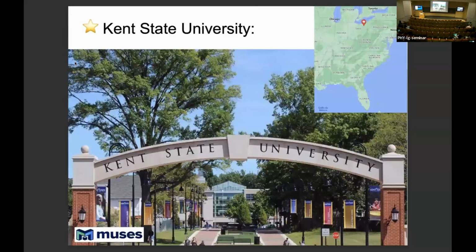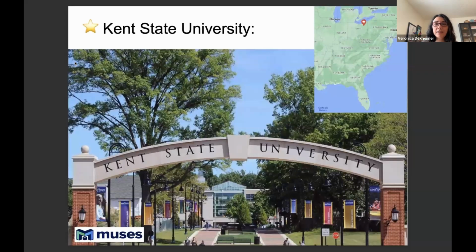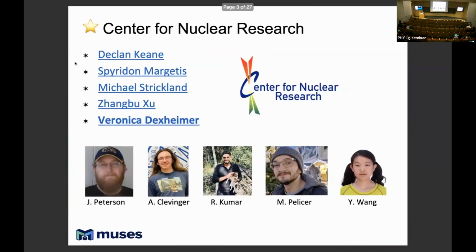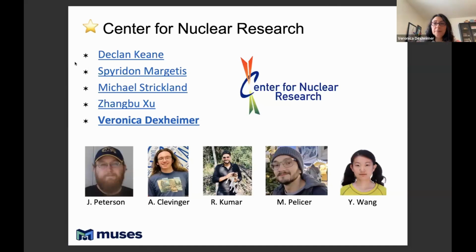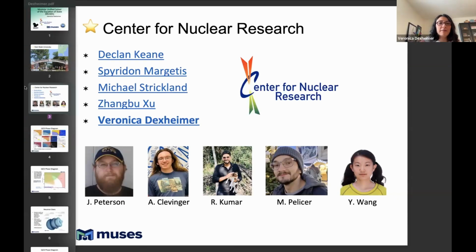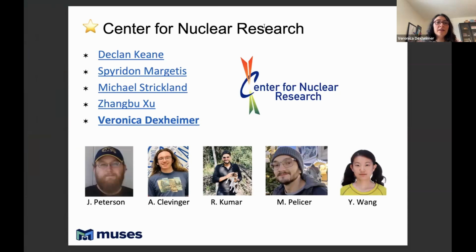So before we start, for the ones that don't know me, I'm from Kent State University in Ohio. I'll introduce a little bit of our people here. At the Center for Nuclear Research, we have a bunch of star people. We have people that you probably know, Declan, Firoz, and Ajambu. From the theory point of view, we have Mike and I. And this is the part of my group that's working on MUSES.